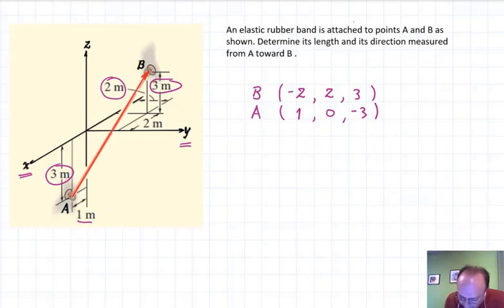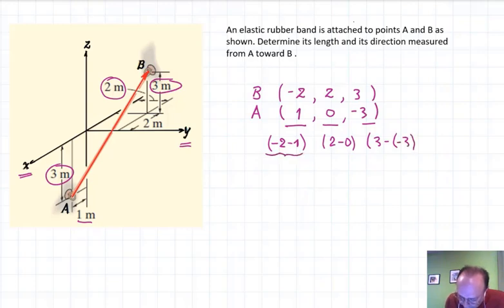So this subtraction here will be -2 minus 1. This subtraction here will be 2 minus 0. And this subtraction here will be 3 minus 3.